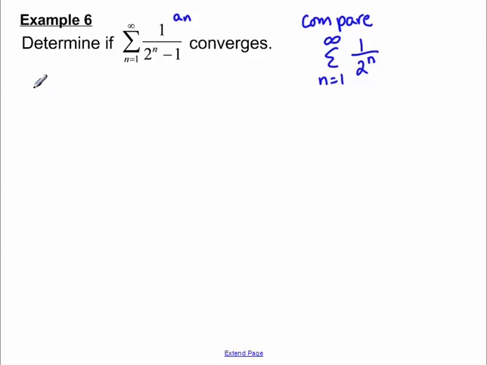So then we have the limit as n goes to infinity of a sub n, 1 over 2n minus 1, all over b of n, which is that. Also notice just a little notation thing. Make sure you keep writing out that limit.